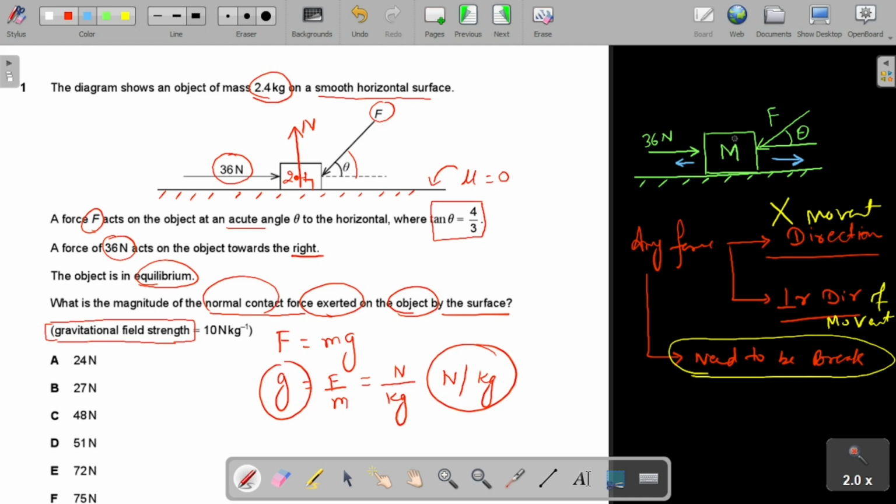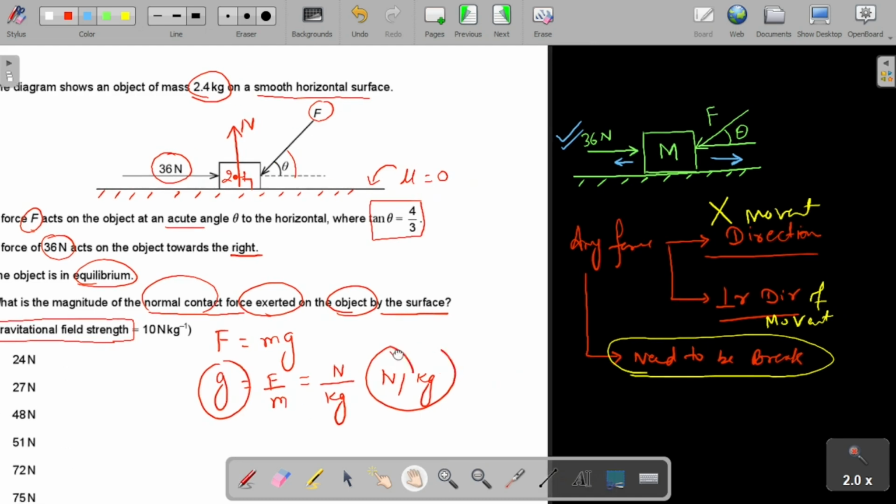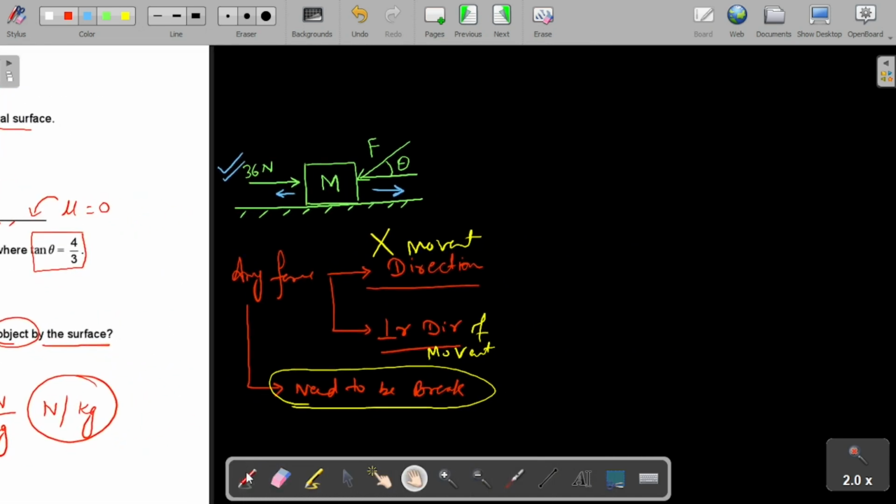It cannot go up and down because on the bottom side there is a horizontal surface, so we are assuming that it may try to move along the x direction. So this force is okay. This force need not be broken, and this force F, which is acting at the angle of theta, needs to be broken. So let us try to break this force. How can we break its components? See, this is the force F.